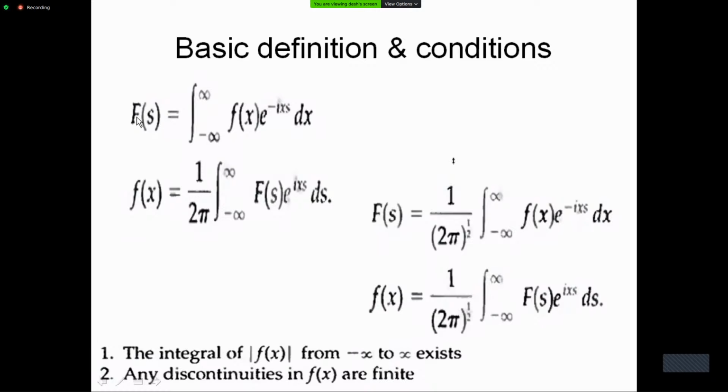The contribution at s in the Fourier domain of the function f(x) can be computed by multiplying it by e to the power minus i x s, i being the square root of -1, integrated over the range of x. What is this really representing?